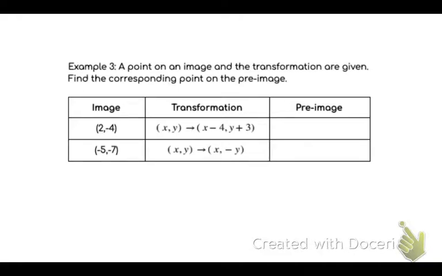For example 3, we have some new vocabulary. We say the point on an image. The image is the result of a transformation or multiple transformations in some cases.